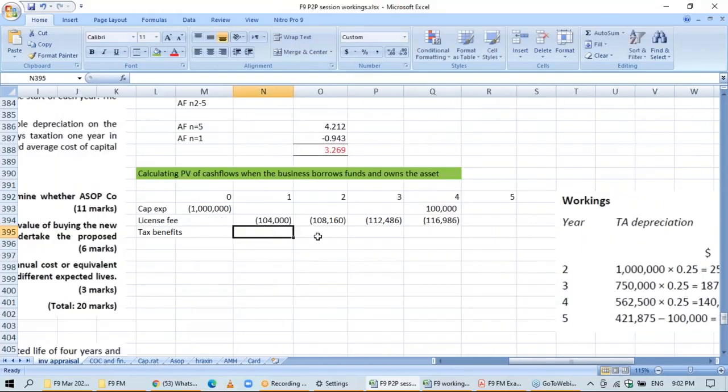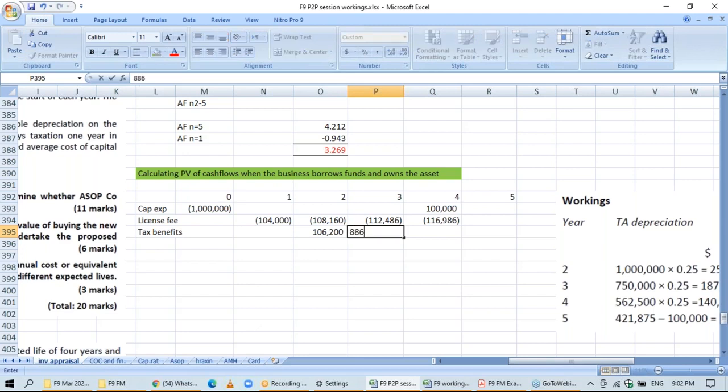So tax benefits will begin from year 2, 106,200, because in the first year the taxable income will be reduced, but the saving and payment will occur in year 2. So we have to take the time when the cash flow occurs.